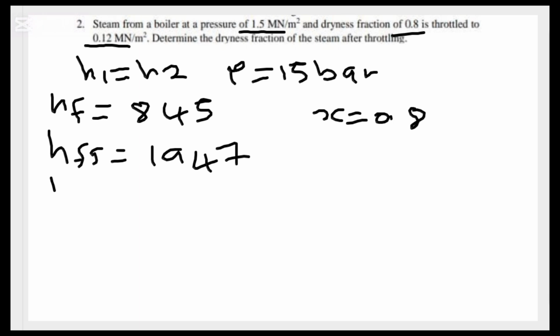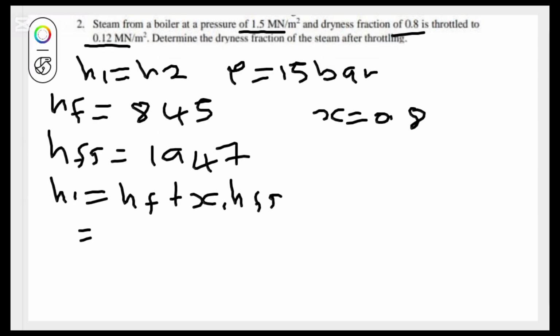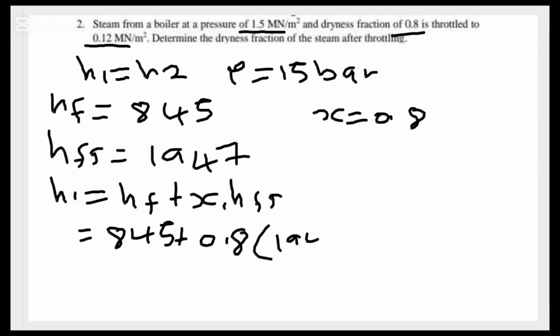The next thing, my h1 should now be equal to h_f plus x1 h_fg. So this will now be equal to our h_f, which is 845, plus the dryness fraction, 0.8, multiplied by the h_fg, which is 1947. At the end, let me see what I am going to get.